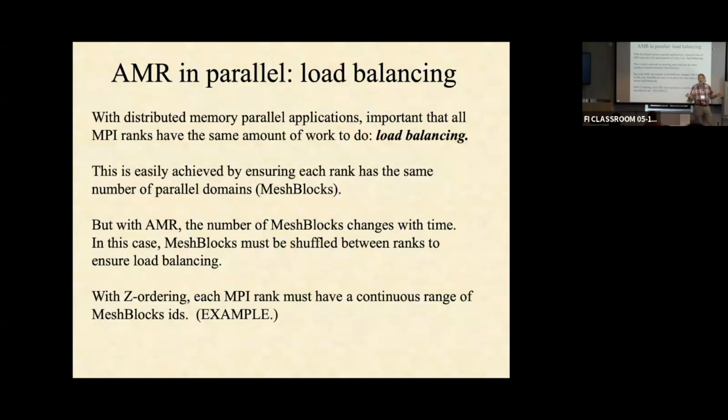So you're going to have to reshuffle the mesh blocks. But I can't just take these mesh blocks and put one there, one there, one there, one there, because then I've destroyed the Z ordering. Because if this mesh block is stored way over there, its neighbors are over here. And so what I have to do is actually move that mesh block over there to make room. And then I've got to move 2 mesh blocks over there. And then I've got to take that one and shuffle it over there.